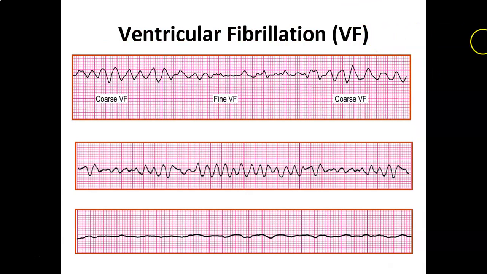Ventricular fibrillation can be coarse or fine, and it depends on the size of the QRS complexes. If they are more than 3 mm, this is coarse ventricular fibrillation. If it's less than 3 mm, it's a fine ventricular fibrillation. If you get a fine ventricular fibrillation on ECG, you just increase the size of the QRS complexes, and if it's ventricular fibrillation, it will become obvious. If it's not, then you may label it as asystole.